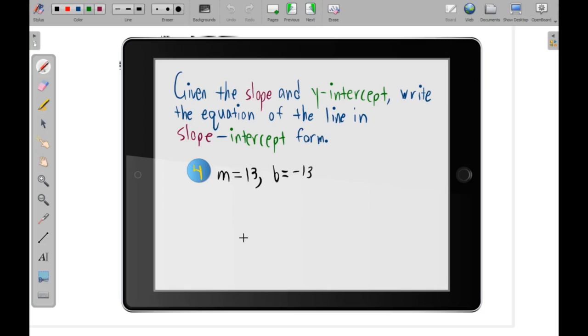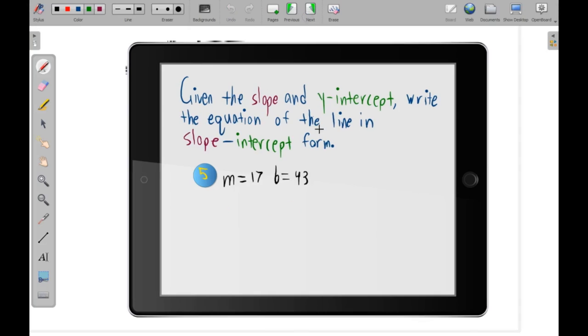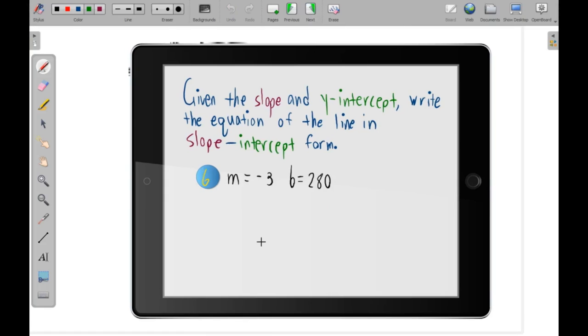So m equals 13 and b equals -13. Give that a shot. Okay, so y equals 13x minus 13. For this one, where m is 17 and b is 43, y equals 17x plus 43. And this last one, give it a shot.